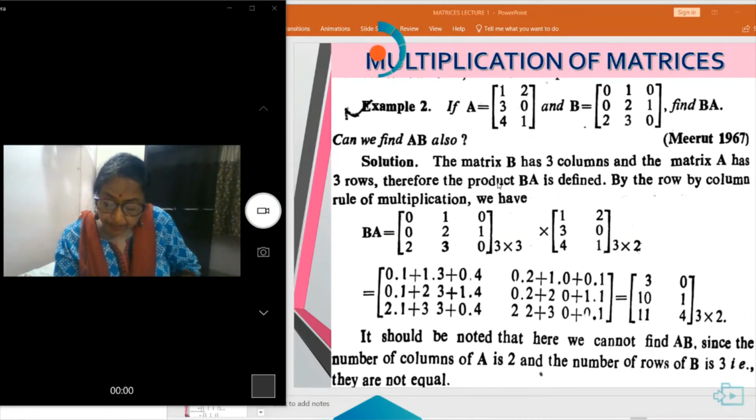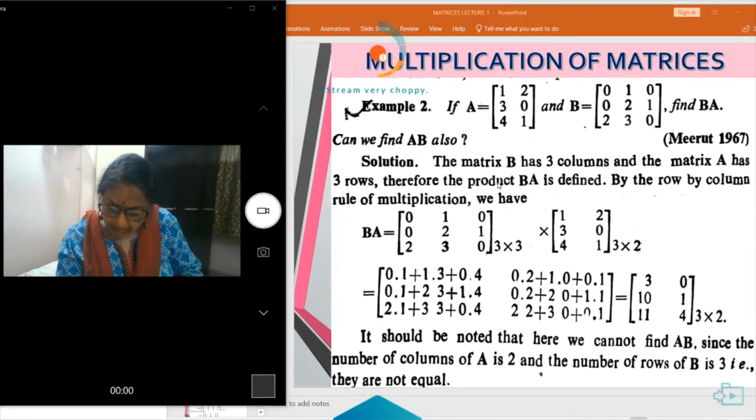For A, it contains three rows and two columns, so it is a 3 cross 2 matrix A, and B is 3 cross 3. A is 3 cross 2, so BA is possible.